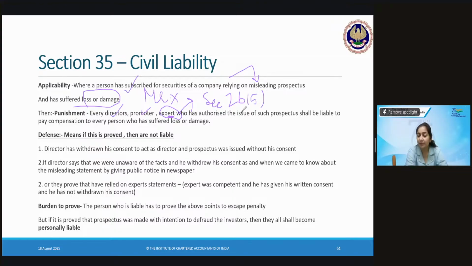Section 26 subsection 5 में expert था जो he is not engaged in the formation of the company. He has given a written consent for the prospectus and he has not withdrawn his consent. That expert will also become liable. All these people will have to pay compensation to Mr. X who has suffered loss and damages by relying on your misleading prospectus.